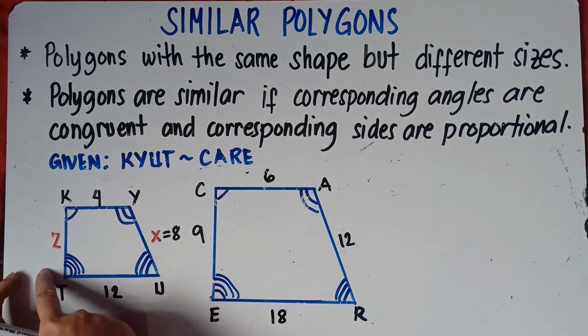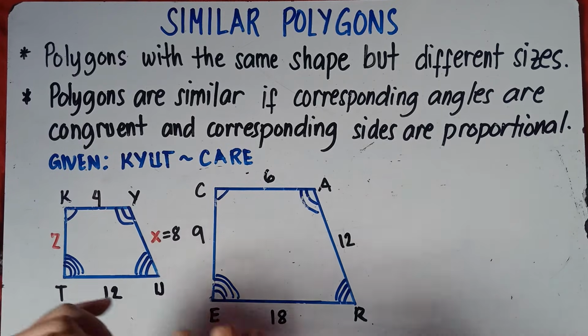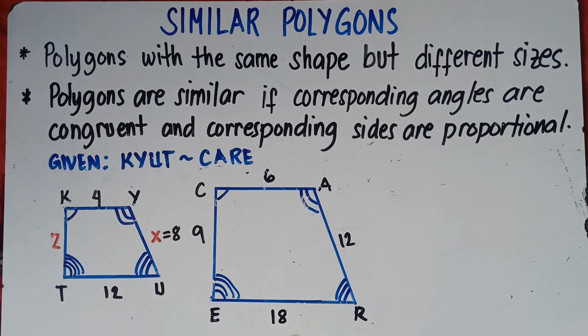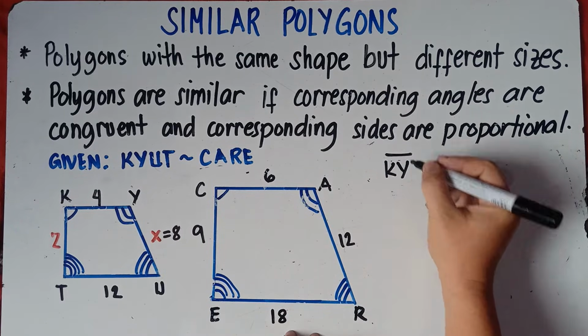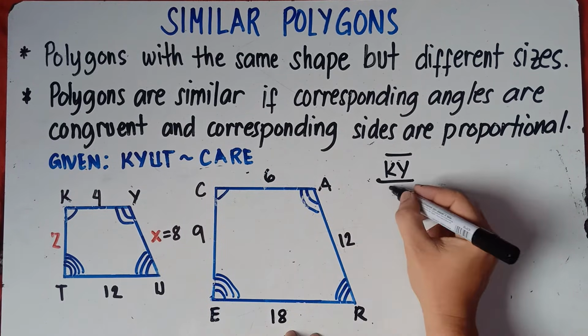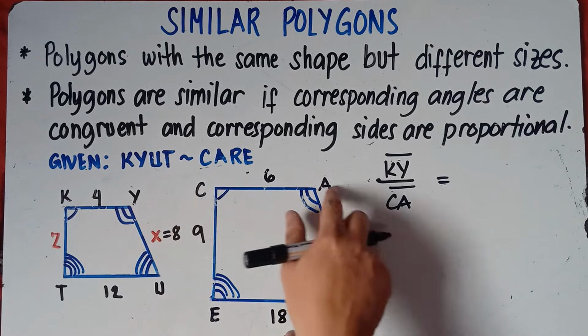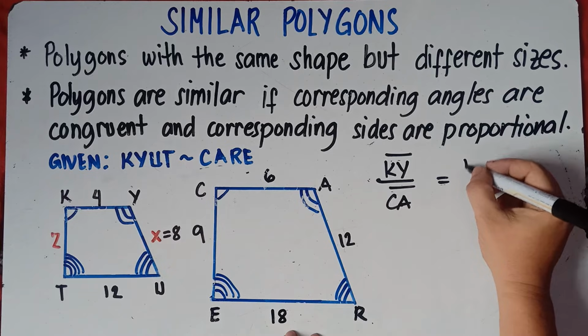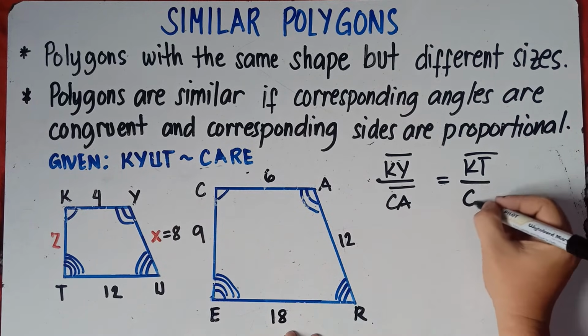You can use this side and this side, then CE over CA. Let's have two solutions. Let's try this one, finding z. KY over CA is equal to KT over CE.